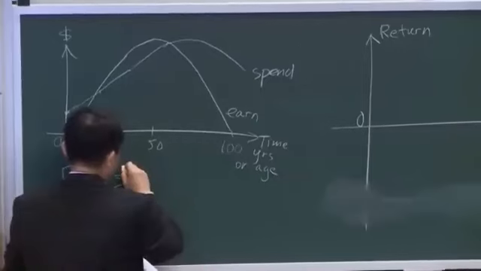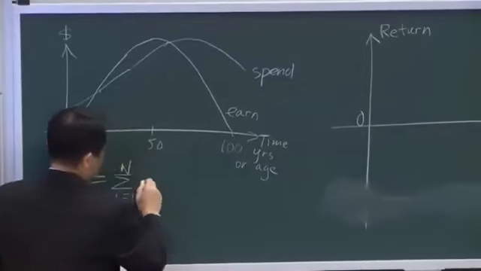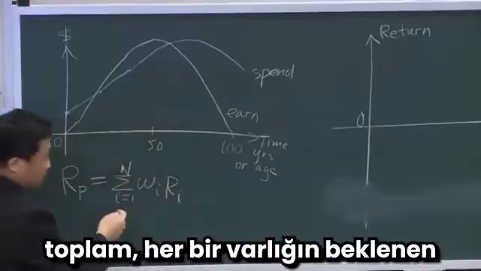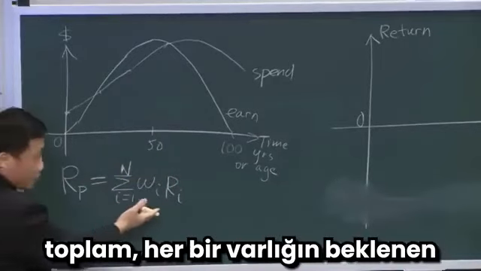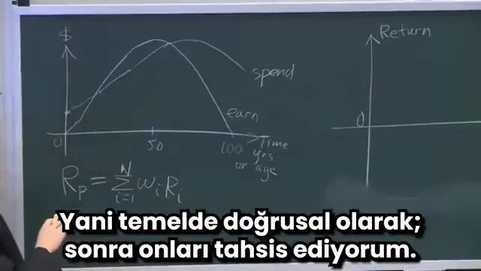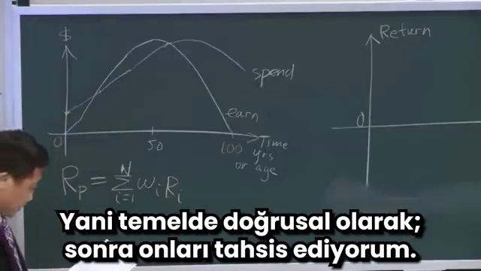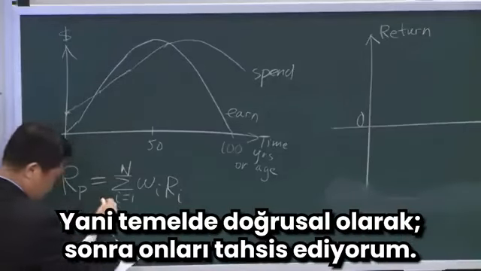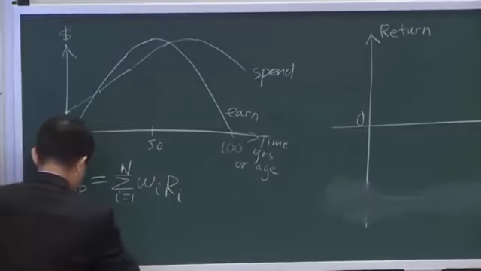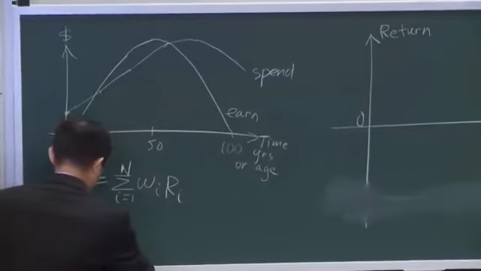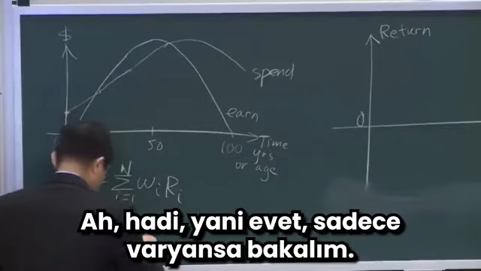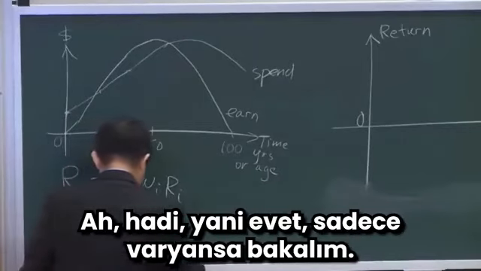equal to the weighted sum of all the expected returns of each asset. You basically linearly allocate them. Then the variance, let's just look at the variance.